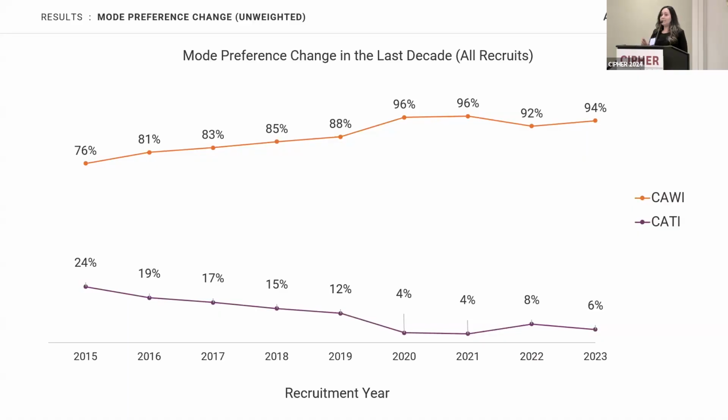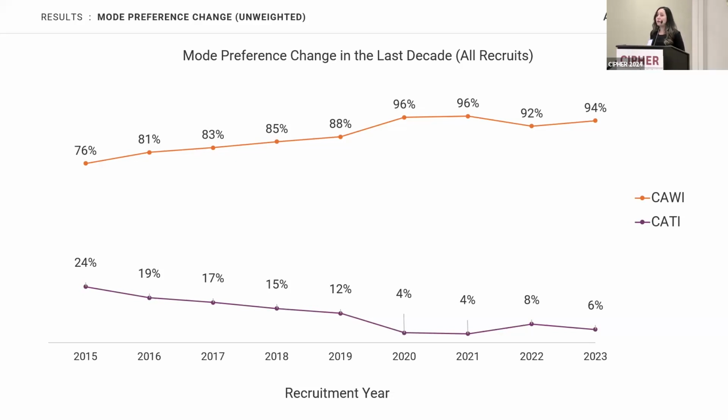So this whole idea made a lot of sense 10 years ago, or almost 10 years ago, when AmeriSpeak started. As you see, almost a quarter of people during the recruitment stage were preferring the phone mode. So when we look at now, 2023, we only see 6%.